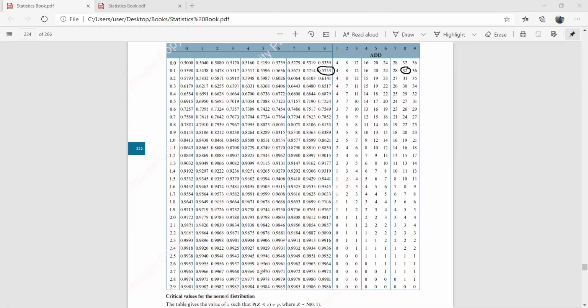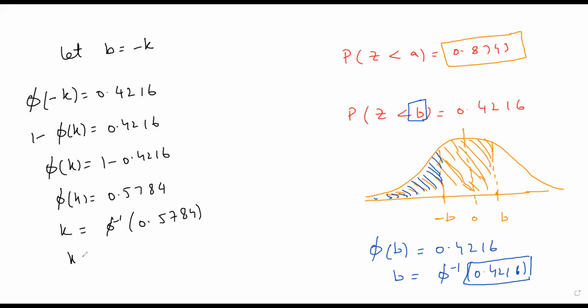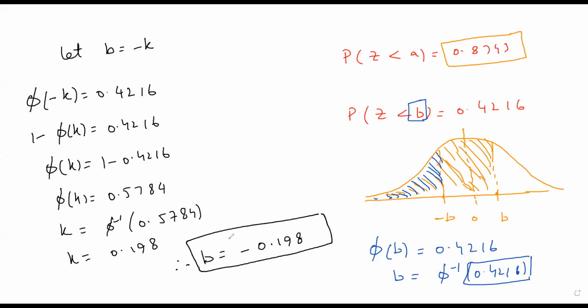So this k is 0.198. Therefore you would say that my b is going to be minus 0.198. Is this clear to you guys?